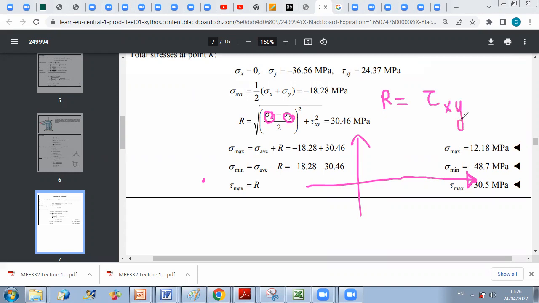And I can deduce that my system can be represented by just a point where sigma x and sigma y are 0, and I just have the shear stress.